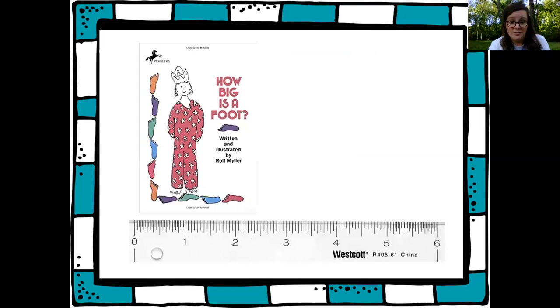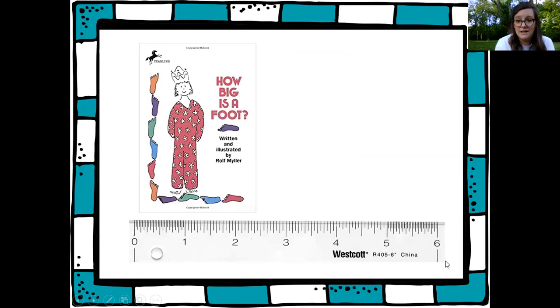Next, what I want you to do is think back to Miss Wood's video and what you learned with her. You guys were learning about how big is a foot. And in that book, we learned that it's important that we use what's called a standard form of measurement. At the bottom of our screen, I put a ruler.